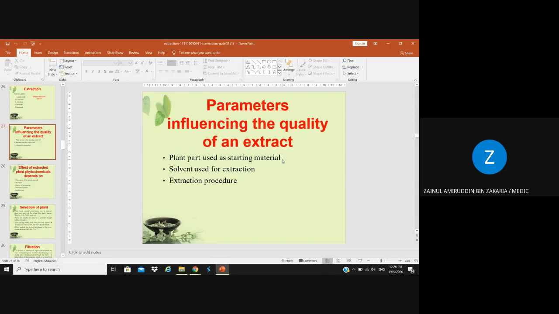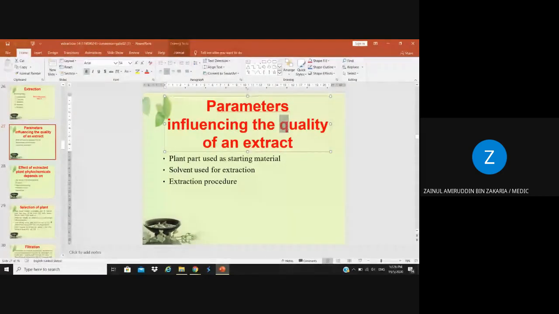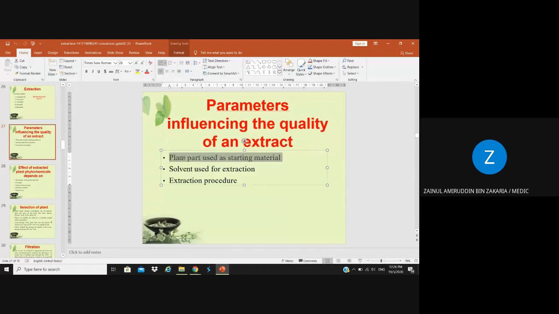Whether they put in hot water, whether they use the leaf only, the fruits, or the bark. If they use the bark and you take the leaf, then you will not get the quality extract. You might have the same effect, but the effect might not be as good as the one that is traditionally used. So you have to know which part is actually being used traditionally.